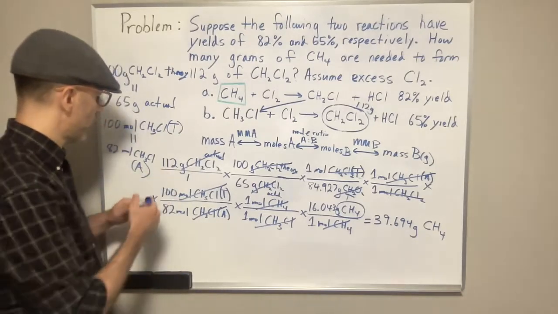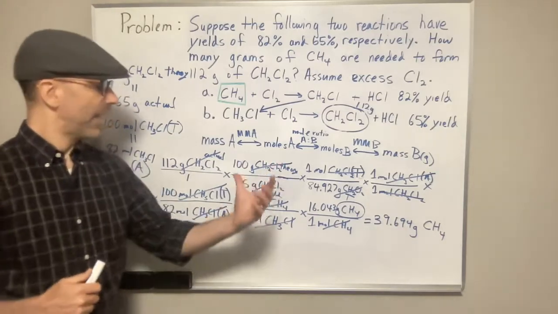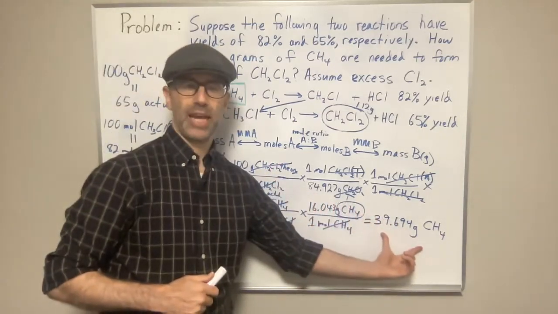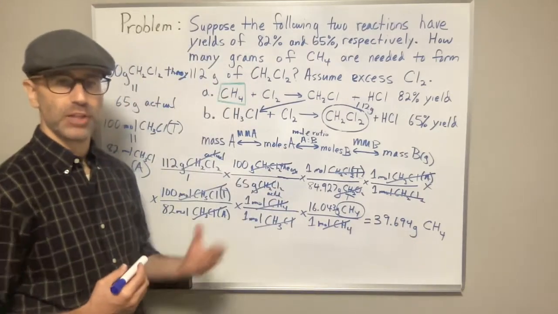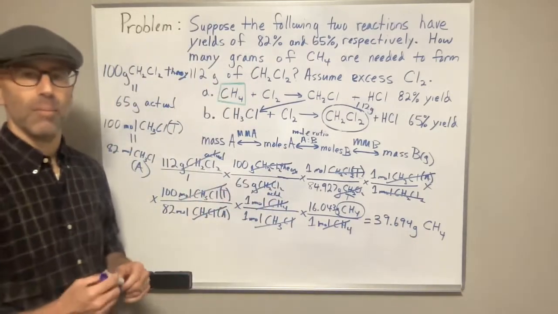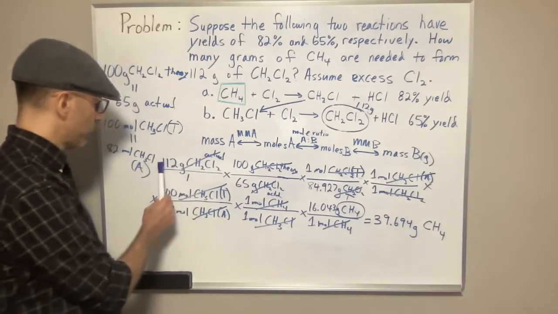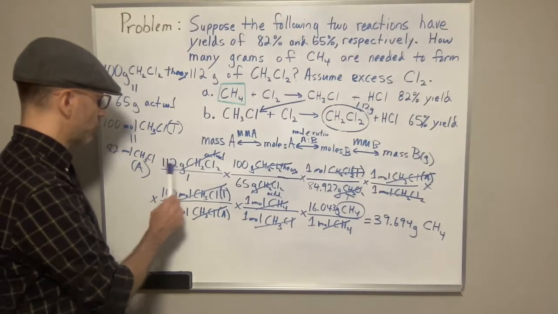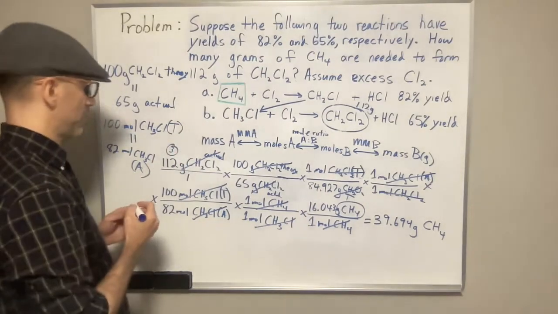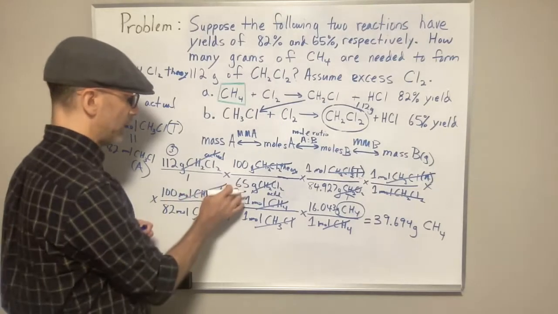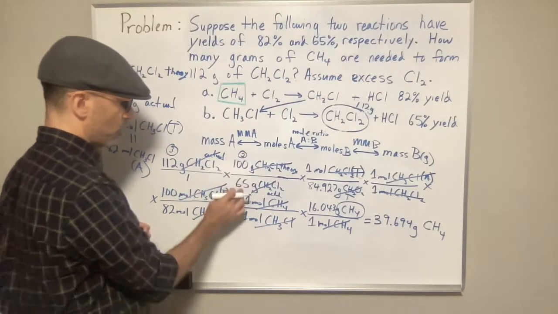Remember, the rule for sig figs is that your answer should have the same number of sig figs as the least number of sig figs in the numbers that you were multiplying. Here we have 112. That's 3 sig figs, and here we have 65.